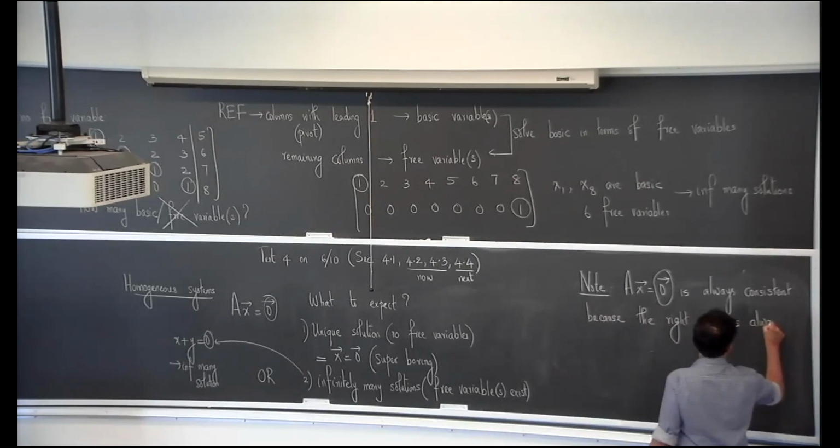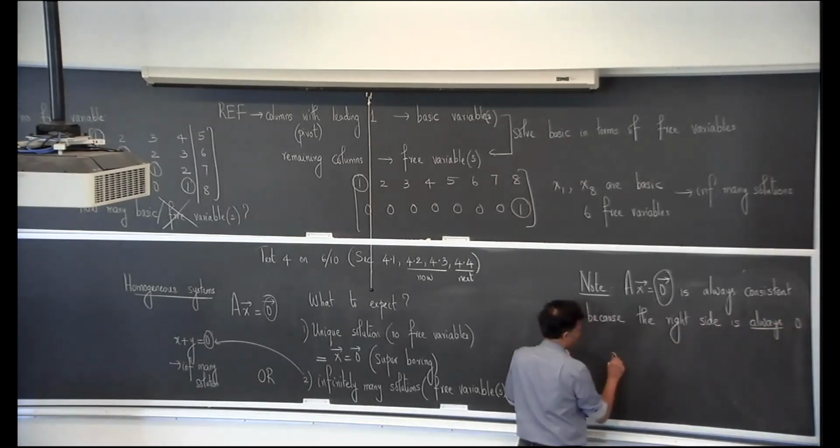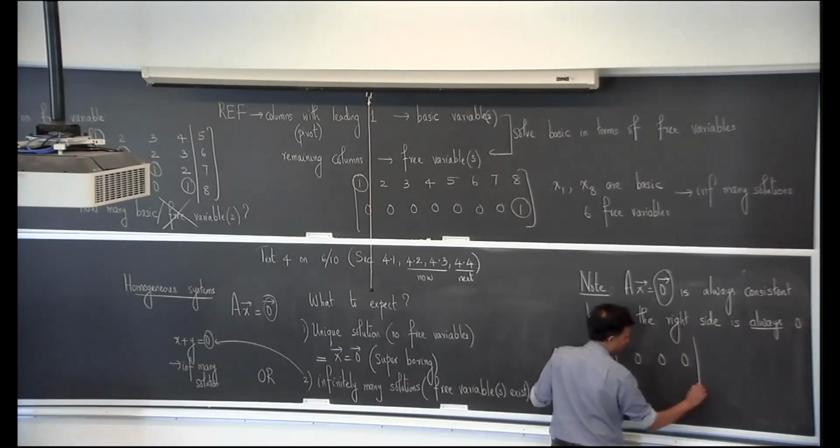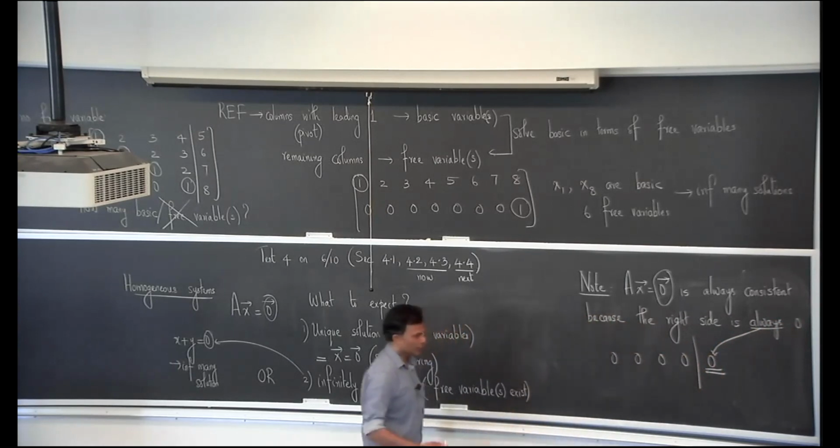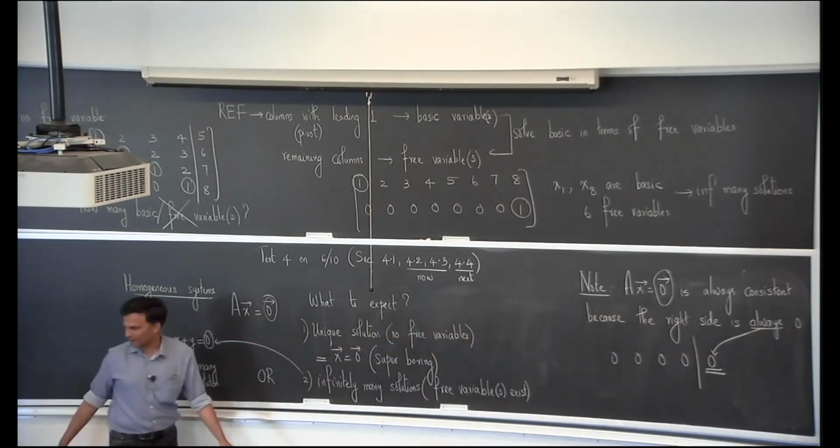Always 0. So even if there are zeros on the left-hand side, the augmented side is always going to look like 0. That is not going to change into 1 or 5 or anything.